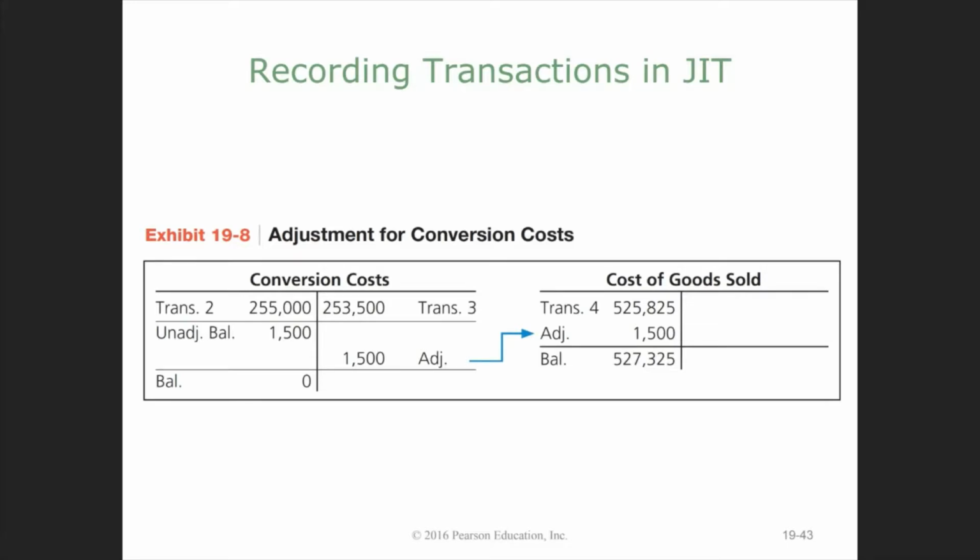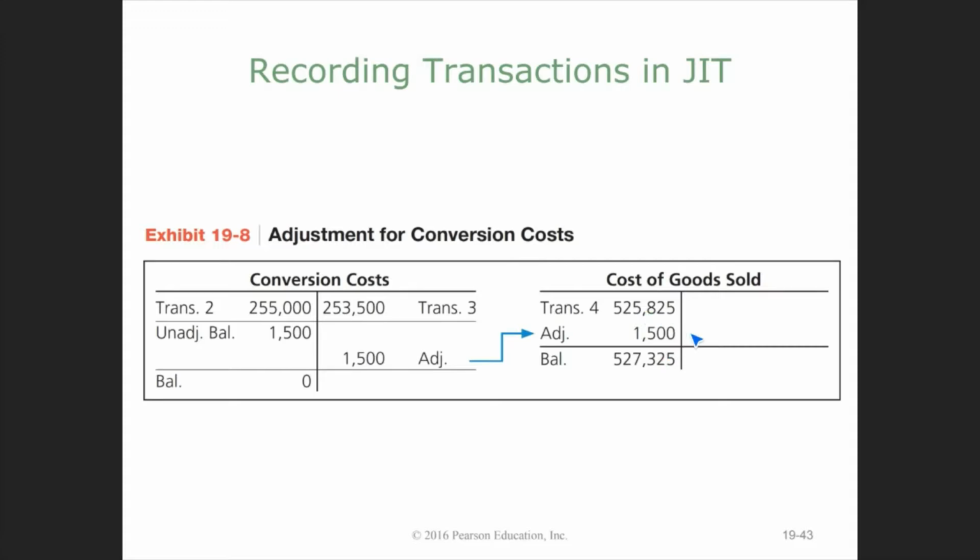And then we have to zero this account out because it's a temporary account. Since we have a debit of 1,500, to bring this to zero we have to credit this account for the same amount, 1,500.